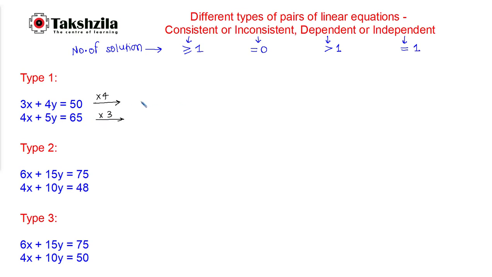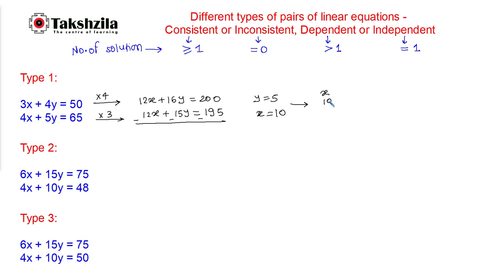So the first equation will become 12x plus 16y is equal to 200, and the second equation will become 12x plus 15y is equal to 195. So now let's subtract these two equations. What you will get? You will get y is equal to 5 and you will get x is equal to 10.